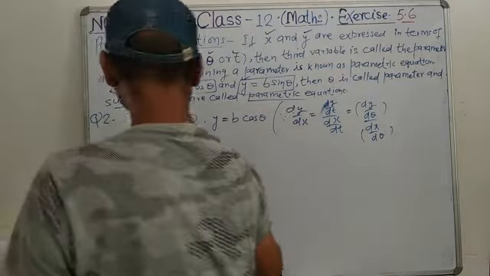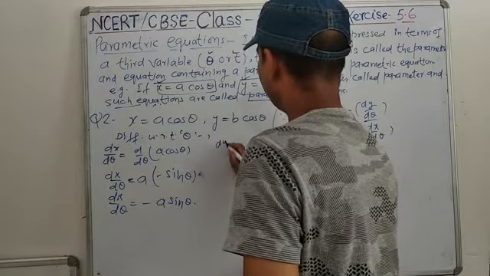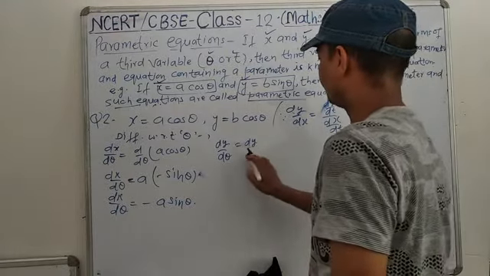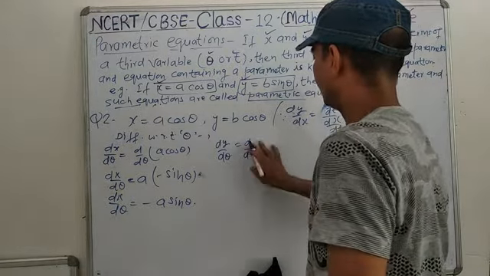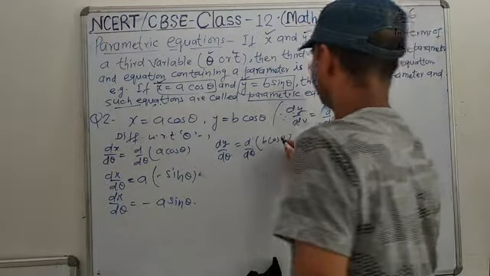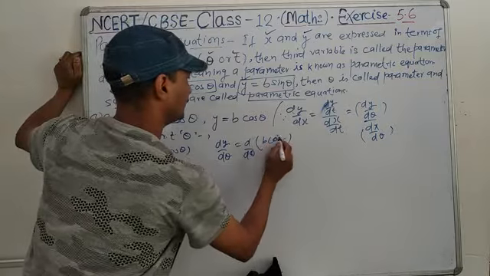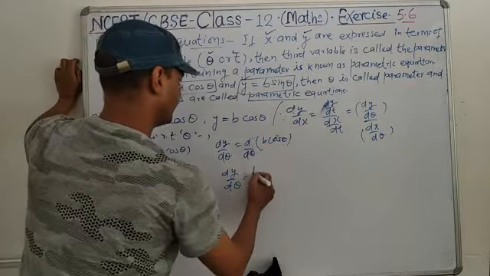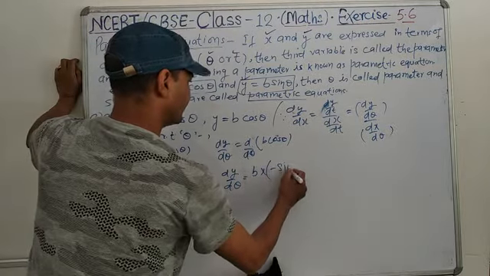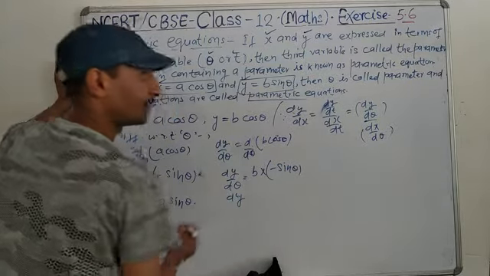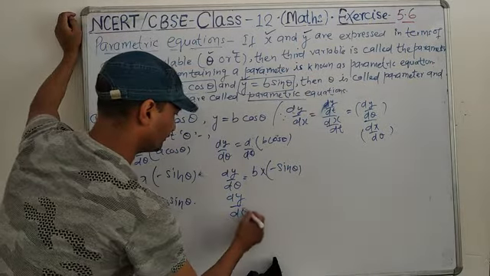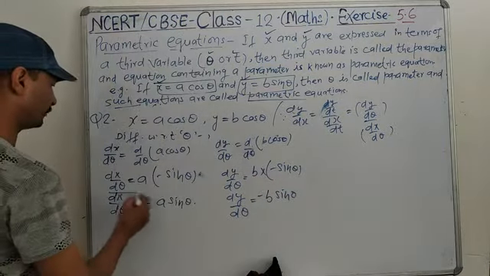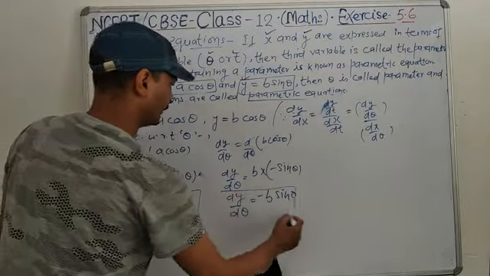Now dy by d theta is equal to d by d theta of b cos theta. Now b is constant, cos theta derivative is minus sin theta. So dy by d theta is minus b sin theta. So we can put these two values in dy by dx.